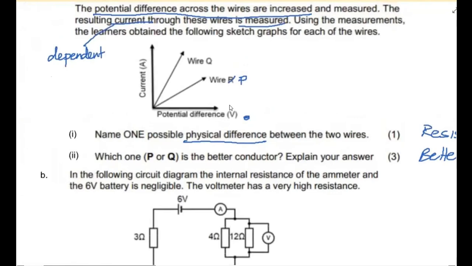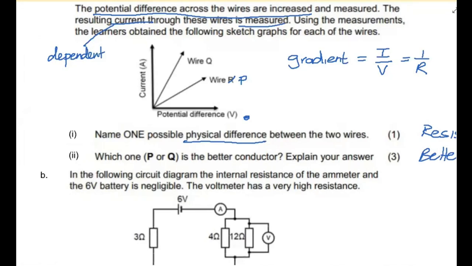They've put I versus V. So my gradient here is I over V, which is 1 over R. So which of these would have the lower resistance? P or Q? Q, well done.